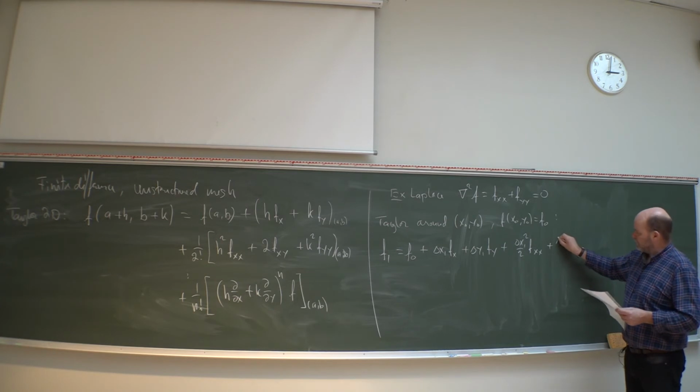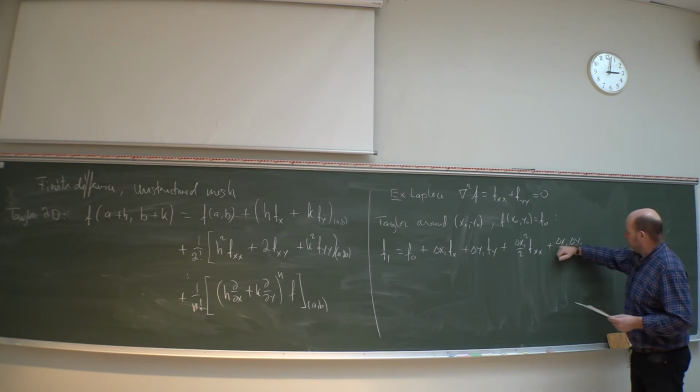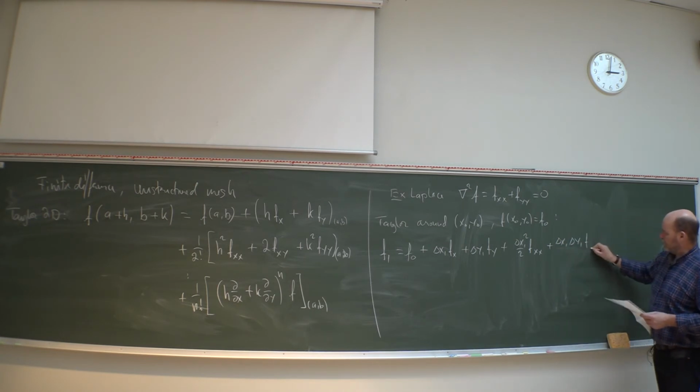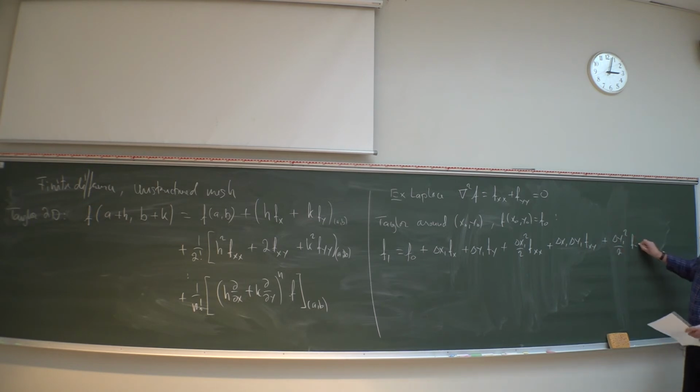Here it was delta x1, delta y1, not halved, just like that, fxy, the cross derivative. And then finally delta y1 squared half fyy.